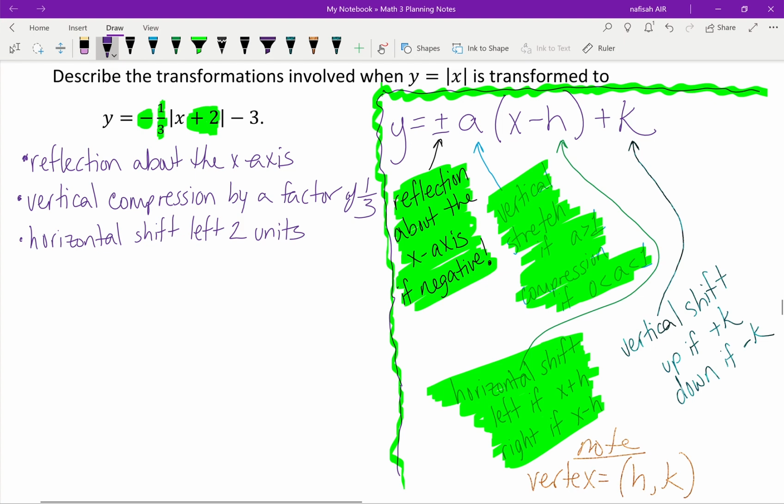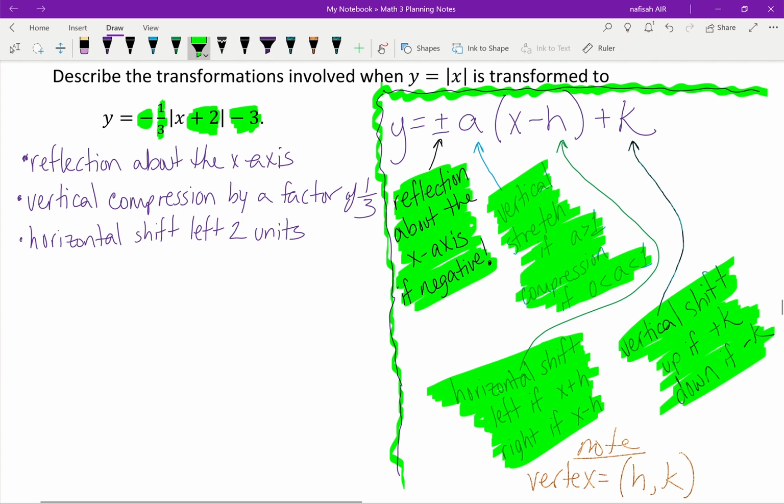And finally, I have a -3 outside of my parentheses. I have something being added outside in the back of my parentheses. In that case, I'm looking here, where it's talking about K, which is a vertical shift.